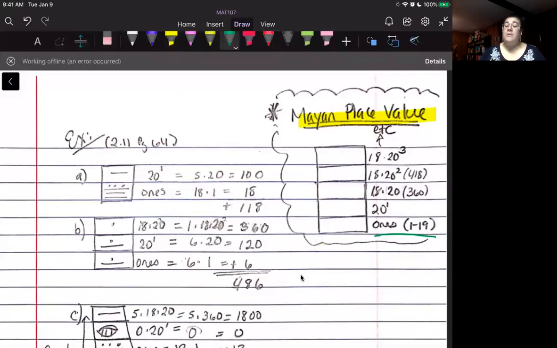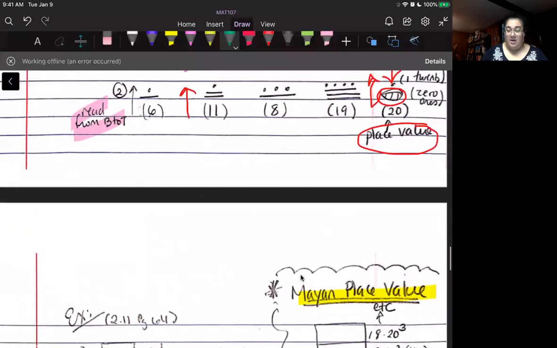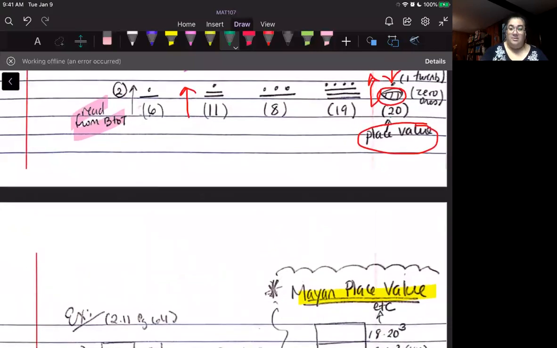However, if you wanted to represent the number 20, you would put a dot in the second line, meaning that you have 2 10s or 20. And because you wanted to have that placeholder of 0, you would put the 0 symbol in the 1's place, which is why you would end up with the symbol that you see up here for 20, right here in the red.